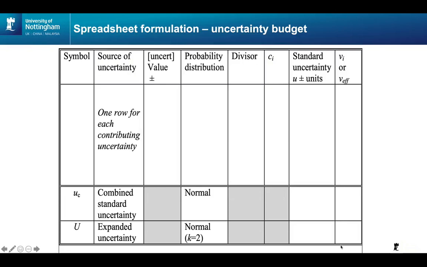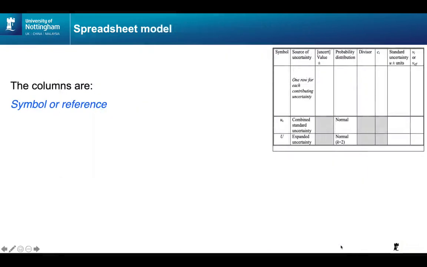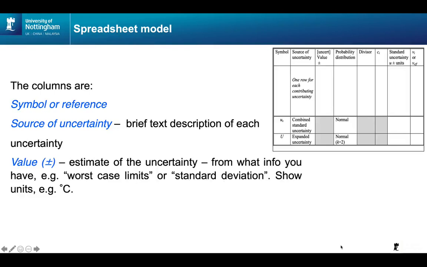So let's go through the various parts of this table. If we look at the columns, the first column is the symbol, so that could be mass and diameter. Then there's the source of uncertainty, so a small description of the uncertainty.